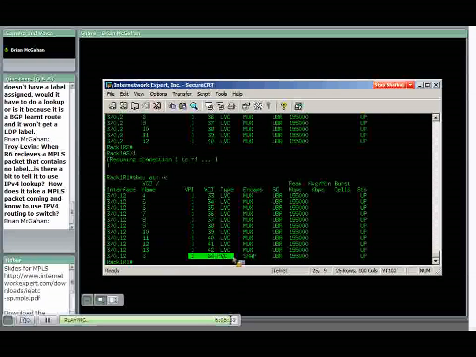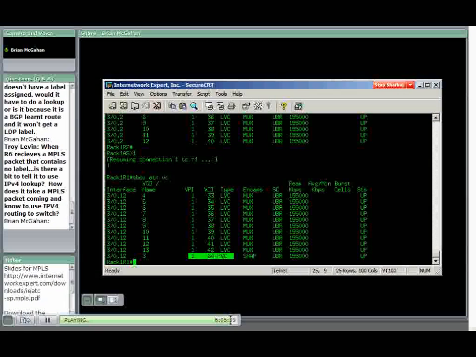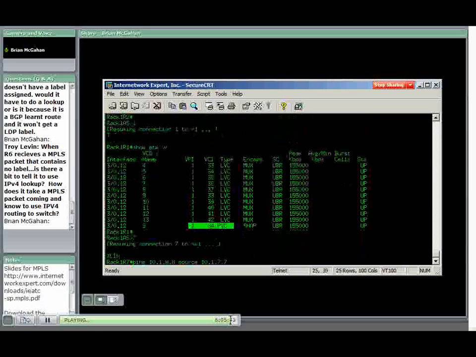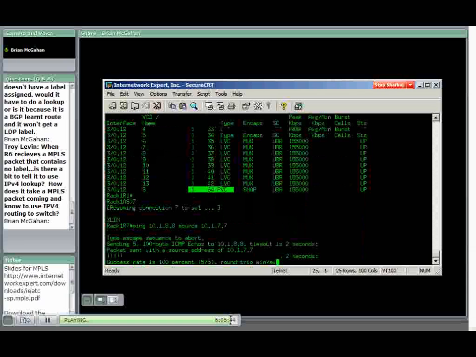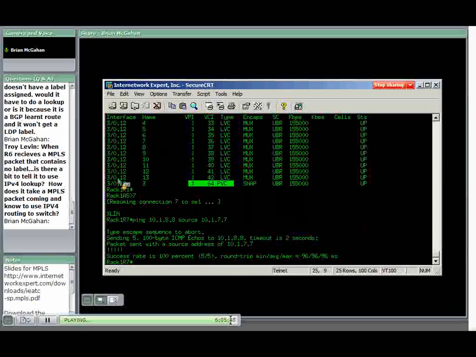Now, router 1 is not adjacent here. Let's say show MPLS LDP neighbor. Okay, we don't have the connection to that router. Show run interface ATM 3/0. Now it's shut down.